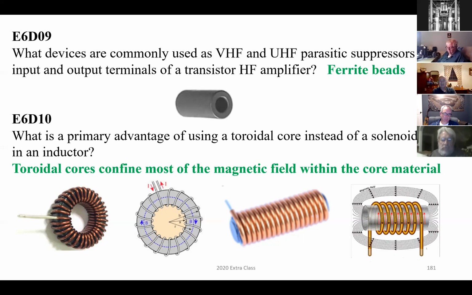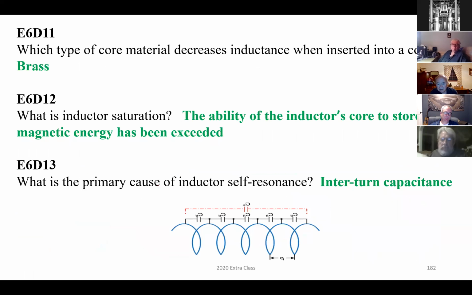You can see in this one down here, solenoidal, you're going to have those magnetic fields actually going outside of the solenoid. But within a toroid, the magnetic field's going to basically circulate within the toroid itself.